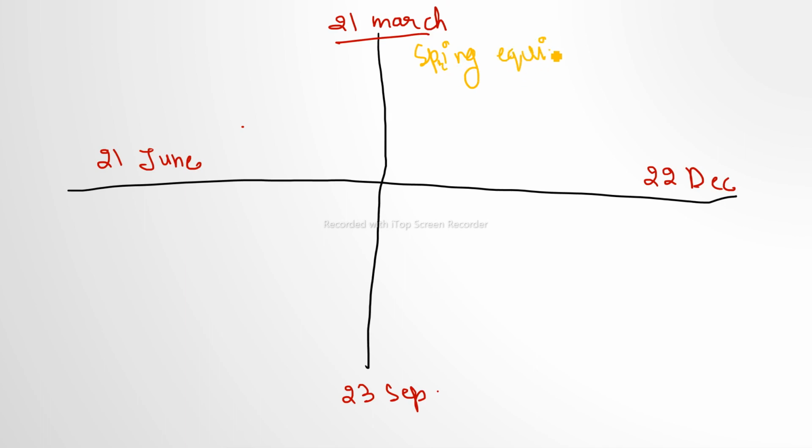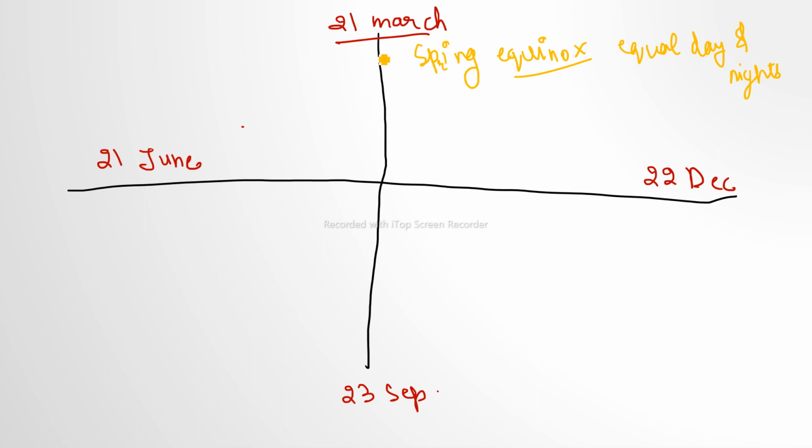Spring equinox ka phenomena hota hai. So what is this phenomenon? Equinox basically means equal day and night. So the phenomenon of spring equinox happens around the 21st of March time period.